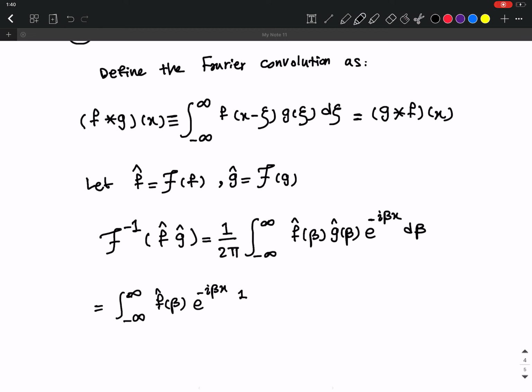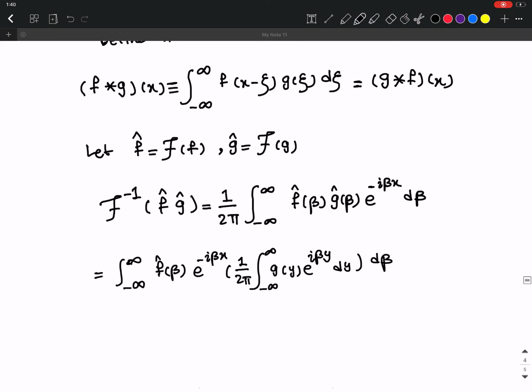So I'm going to write 1 over 2 pi integral. Instead of g hat beta, I'm just going to write the definition of the Fourier transform, which is going to be g(y) e to the power i beta y dy, and then I have d beta here. Just rearrange the terms and wrote the definition of g hat beta.